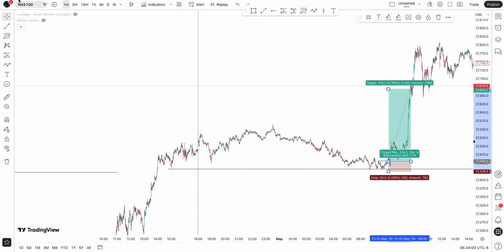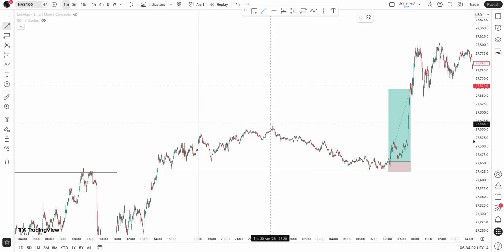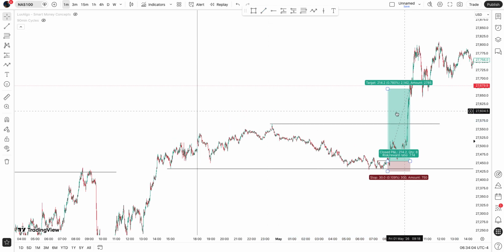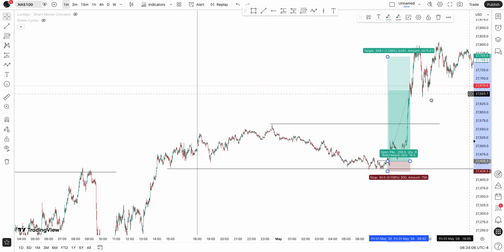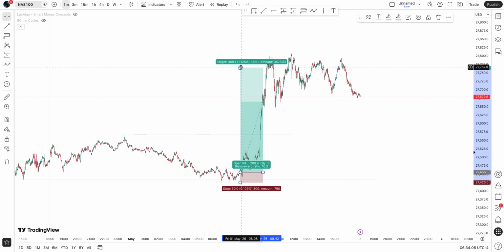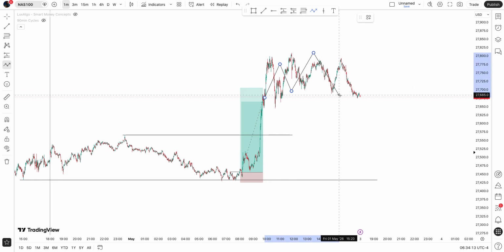I think I started closing my positions from here, then held till market close. I think I closed somewhere around here after this choppy price action. So I close on the pullback of this. Let's close my trade here.